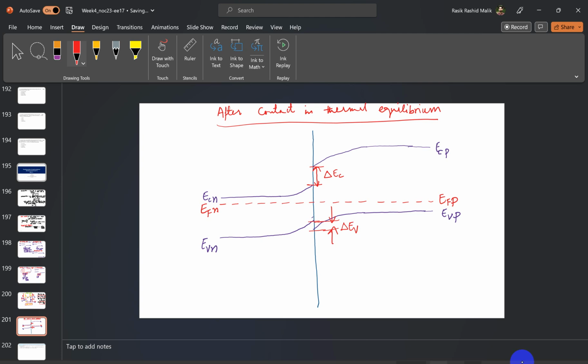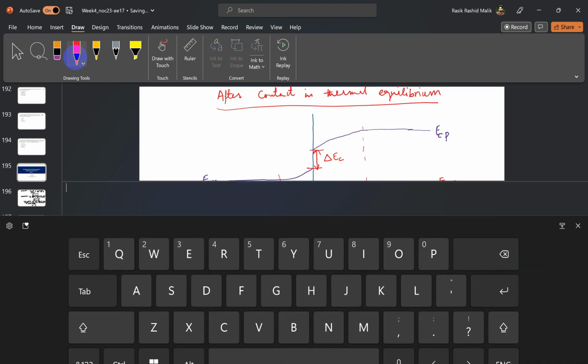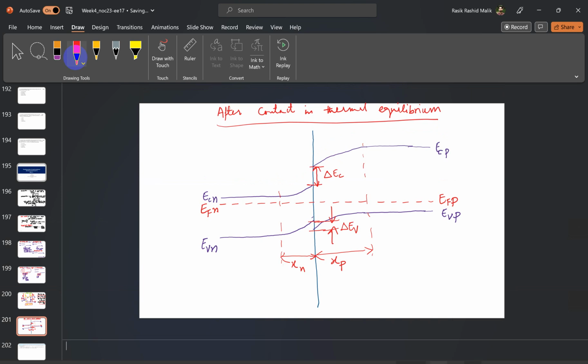We have the depletion width extended up to this region on the P side, which I call XP, and the depletion width extended on the N side up to this point, say this is my XN. Corresponding to this depletion region, we have the potential developed.